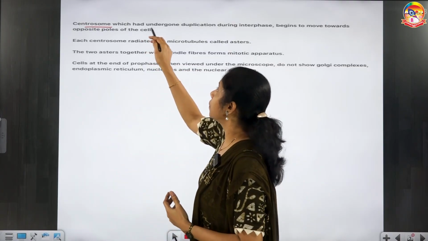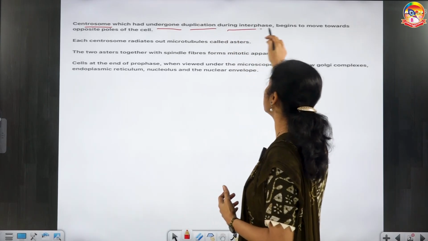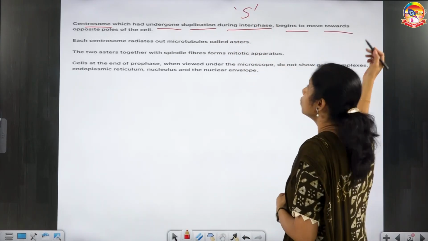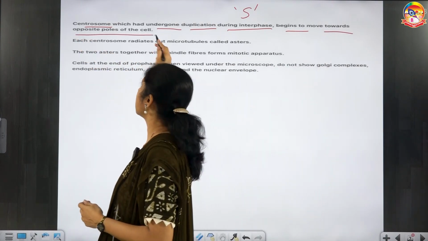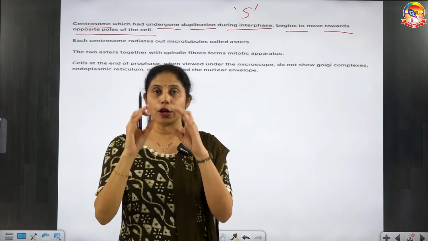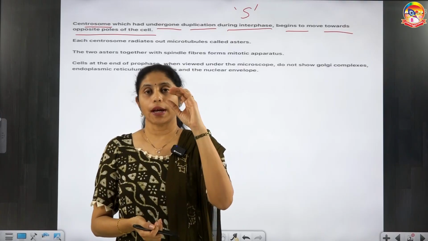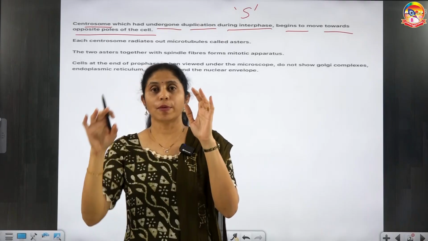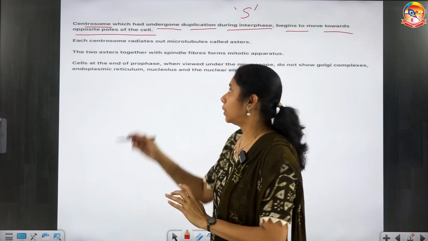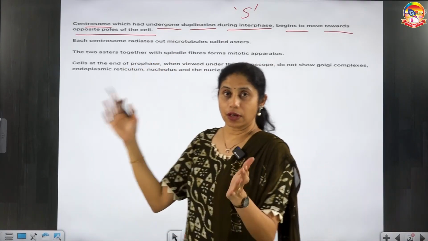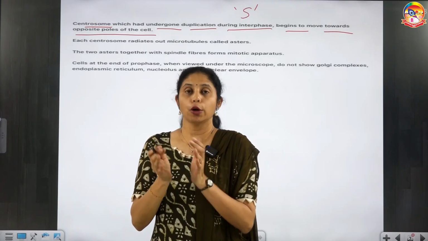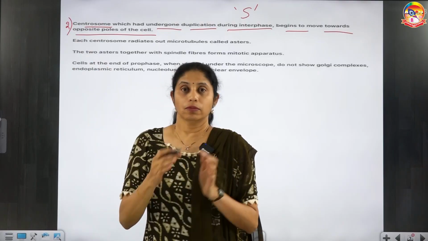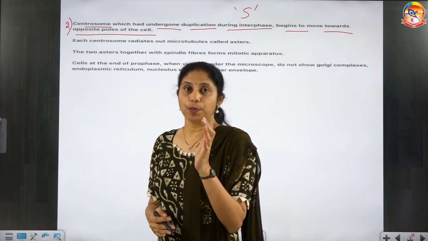The centrosome which had duplicated during the interphase begins to move towards the opposite poles of the cell. One centrosome stays at one pole and the other starts migrating towards the opposite pole. So that is the second event. First event, condensation of chromatin into chromosomes. Second event, the centrosomes move towards the opposite poles.